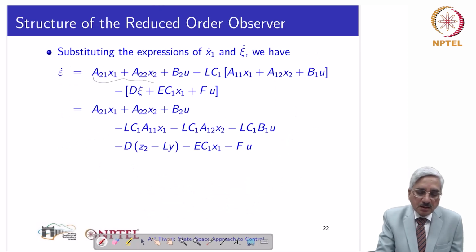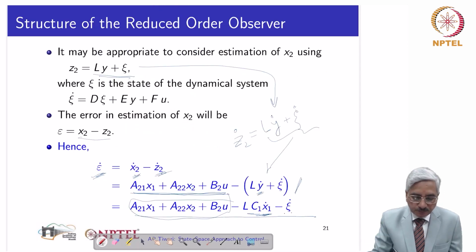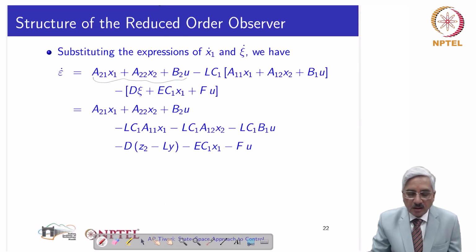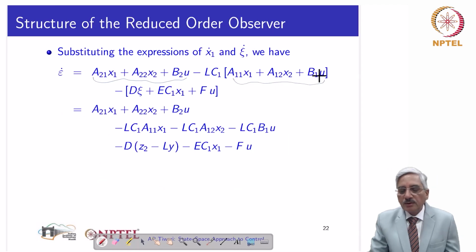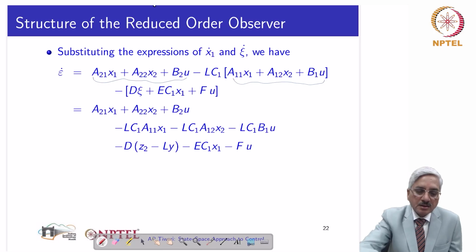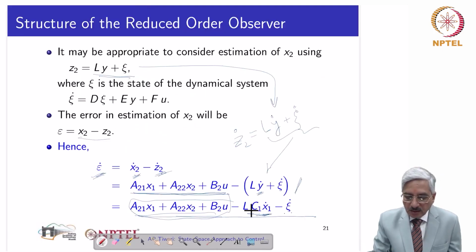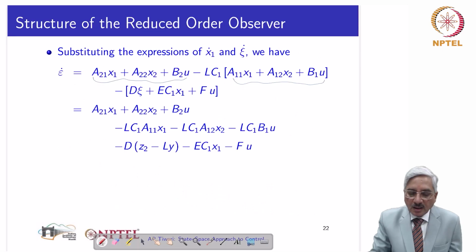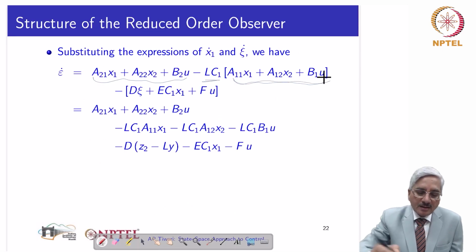In place of x1 dot we substitute A11 x1 plus A12 x2 plus B1 u, and it was multiplying LC1, so LC1 x1 dot is LC1 multiplying this, and xi dot.